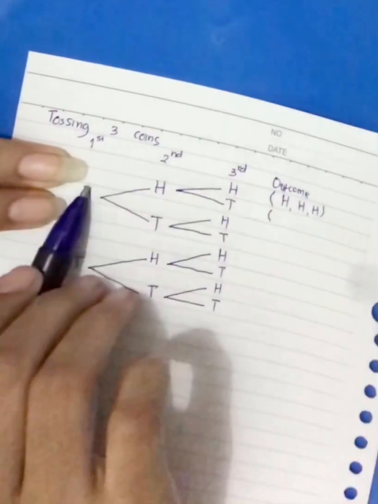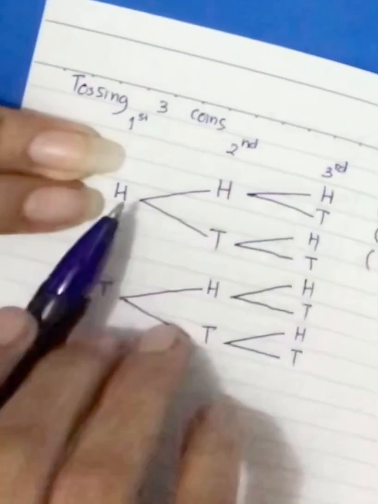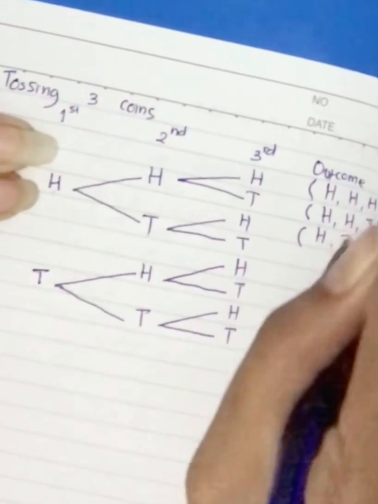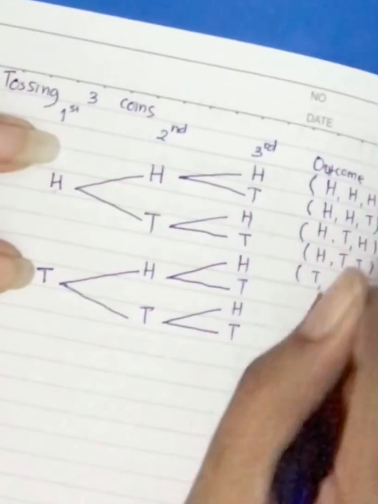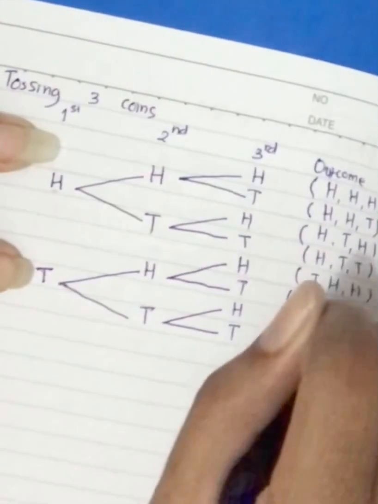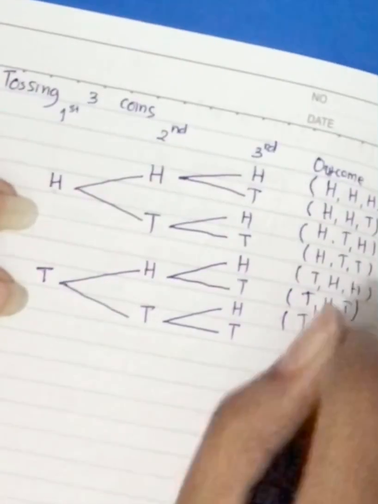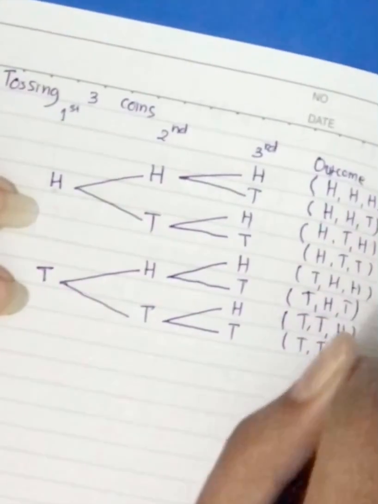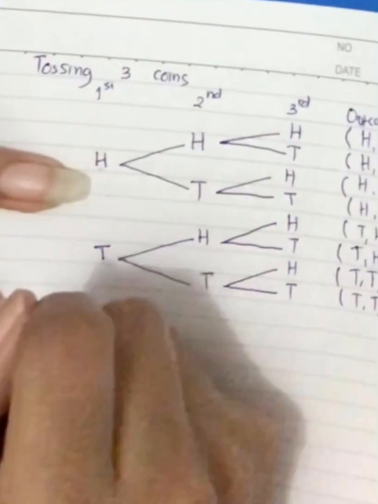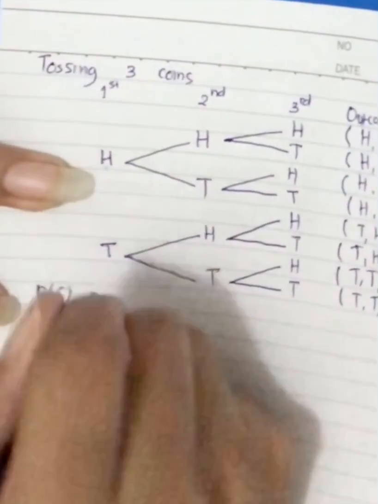And then we have head, head, tail; head, tail, head; head, tail, tail; and then T, H, H; T, H, T; T, T, H; and then T, T, T. So the total number of possible outcomes is 1, 2, 3, 4, 5, 6, 7, 8. So we have 8.